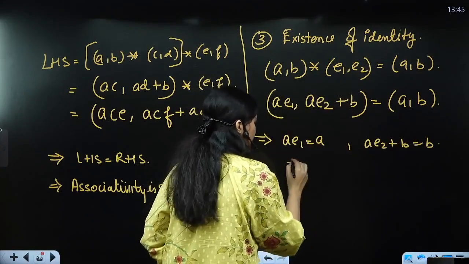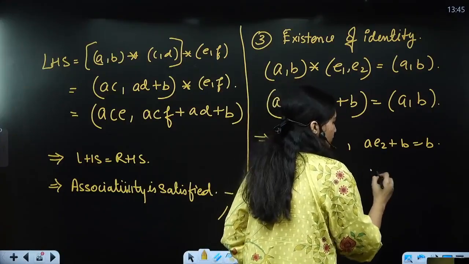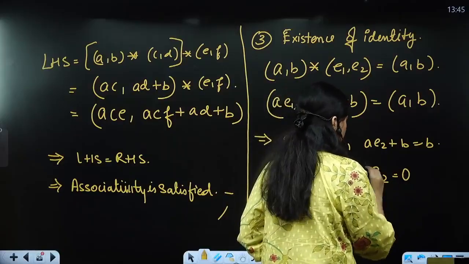So what is the value of e1? e1 is going to be 1. And what is the value of e2? e2 is going to be, b and b will be cancelled, so it will be 0.